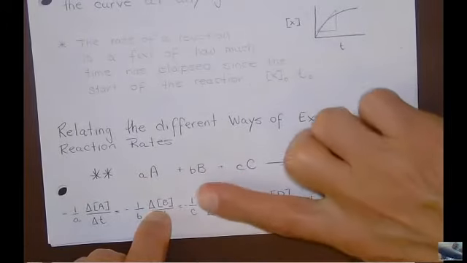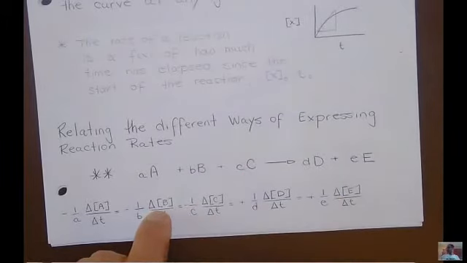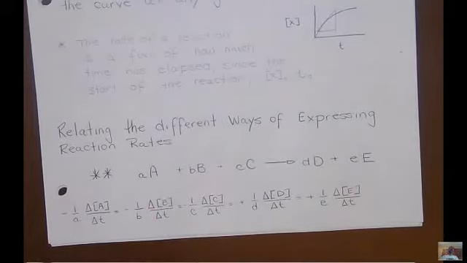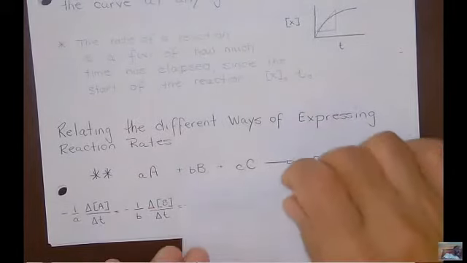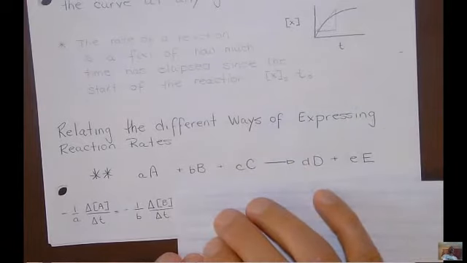So if I cover everything else up and I was just measuring the relationship between A and B, there's my relationship. I look at these two, just 2 at a time.